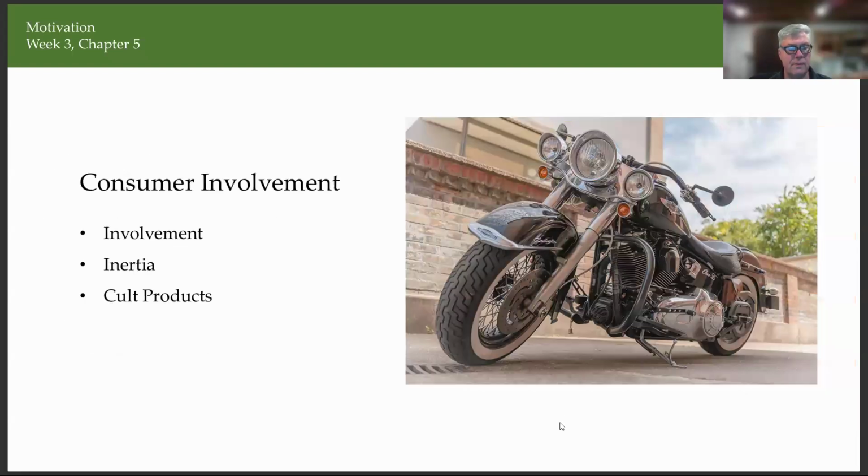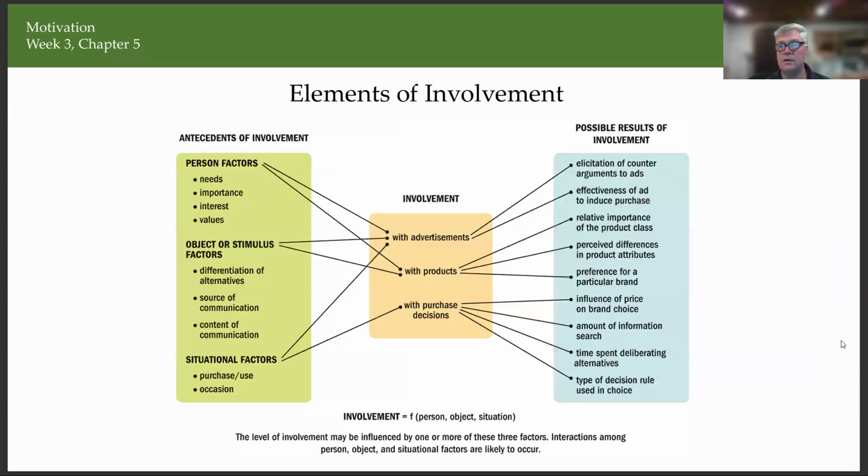Consumer involvement, inertia, cult products, all tied together. Elements of involvement: you have the antecedents of involvement and the possible results of involvement, and in the middle, involvement.